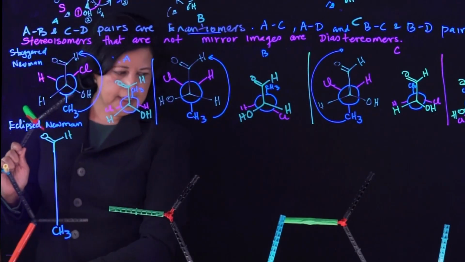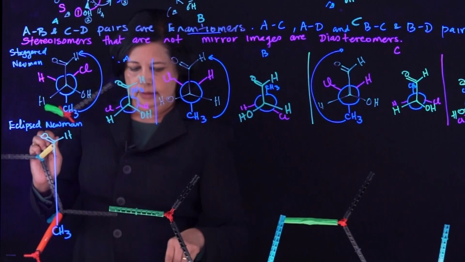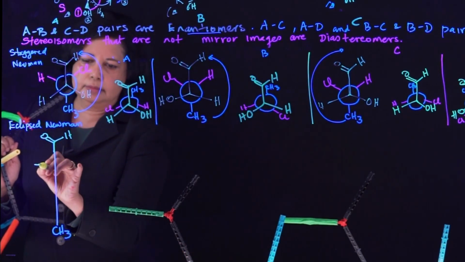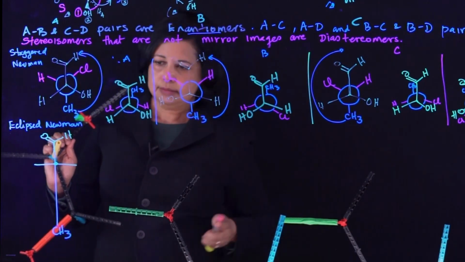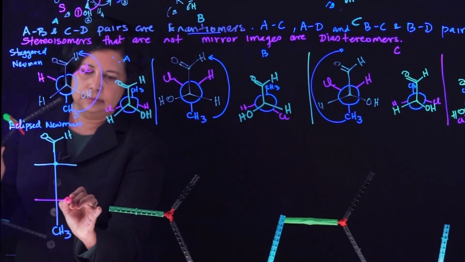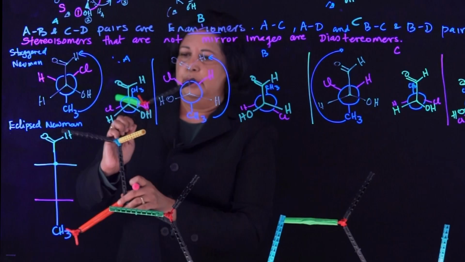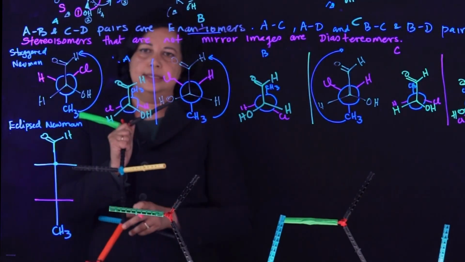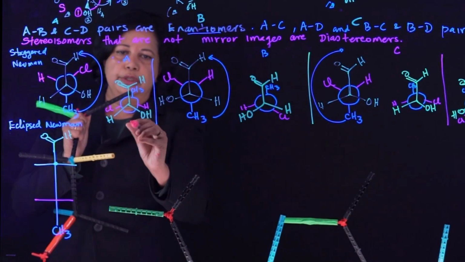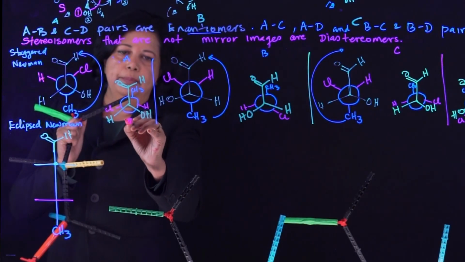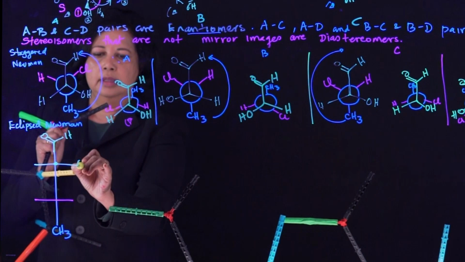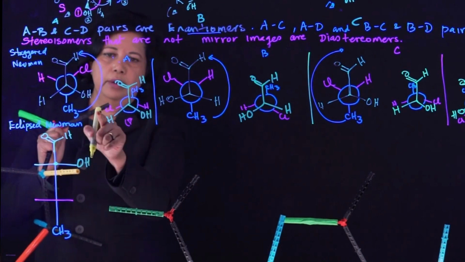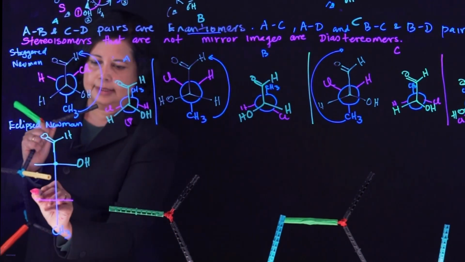Now you have two chiral centers, and those would be your chiral centers. And over here, you can see, if you draw this out and you're just looking at it belly up like this, you're drawing the hydroxyl and the chlorine on opposite sides.